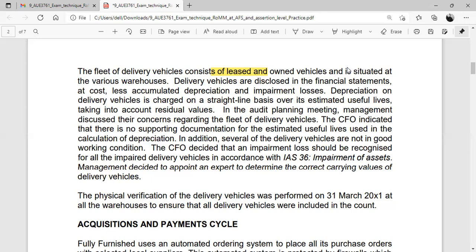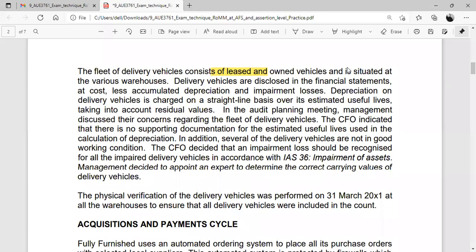But when you go to the statement of financial position, you find that they've written 500,000 rand. You get what I'm saying? Because the delivery vehicle has not been impaired. They have not taken into account the fact that this vehicle is in a very poor condition. So that would affect the value of the vehicle. That's why I'm saying the affected assertion there would be valuation.